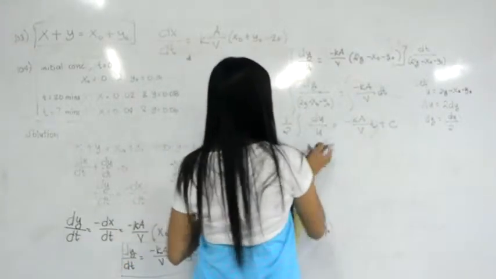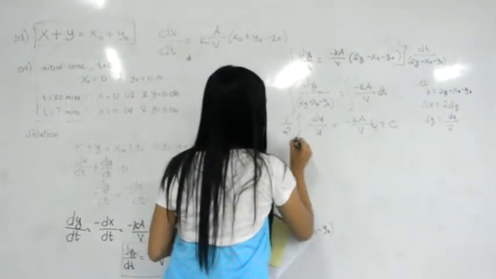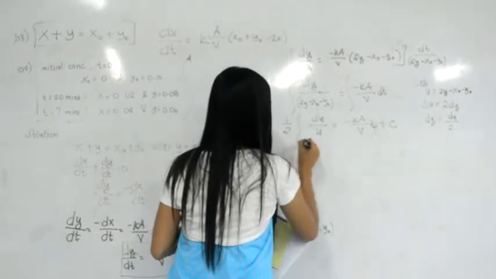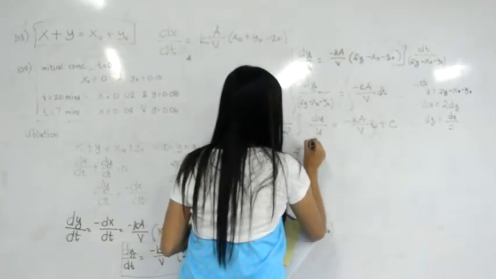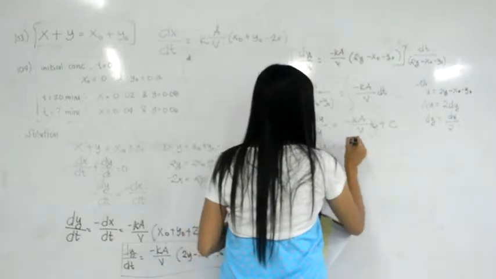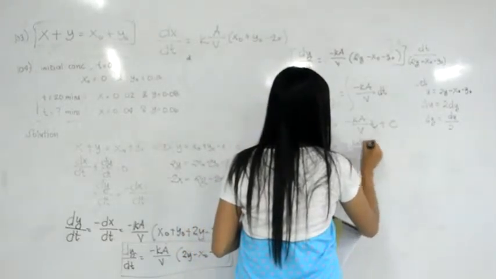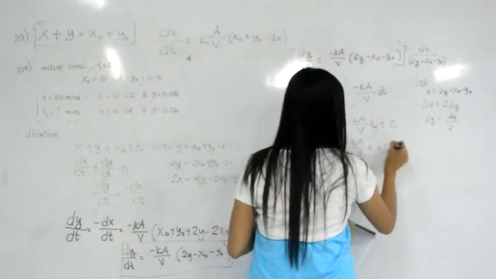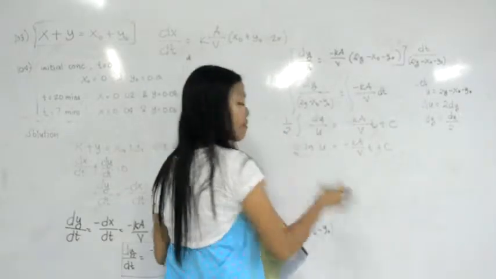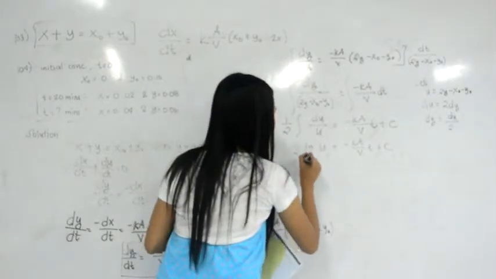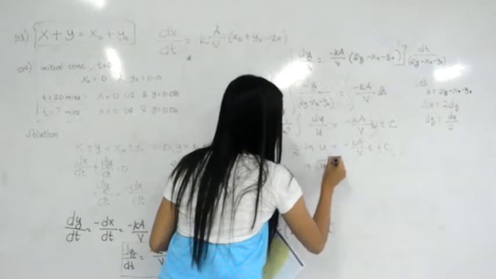Now, integrating this side, you can have 1/2 ln of u equals negative KA over V t plus c. 1/2 ln u is just equal to the ln of the square root of u.